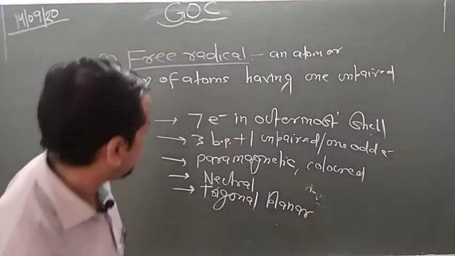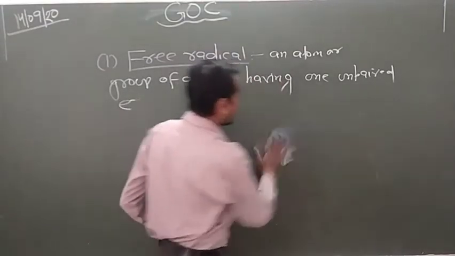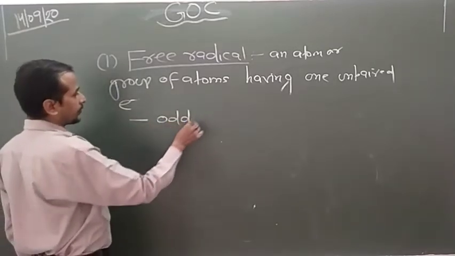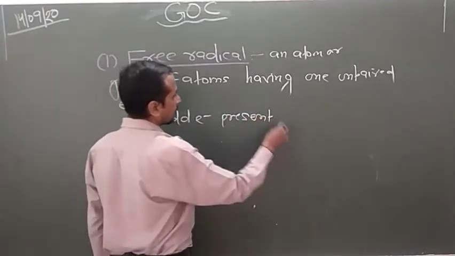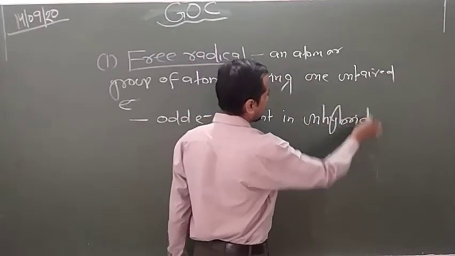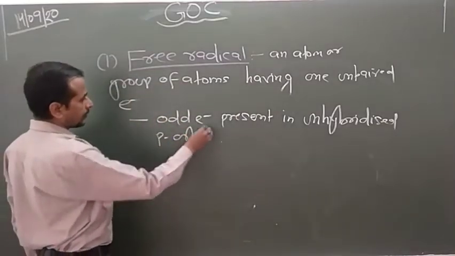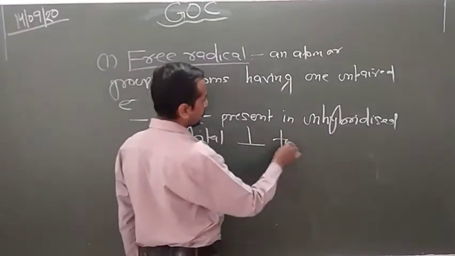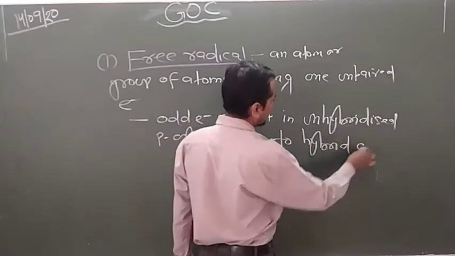Some more properties which you have to know for free radical: the odd electron is present in an unhybridized p orbital which is perpendicular to the hybrid orbital.